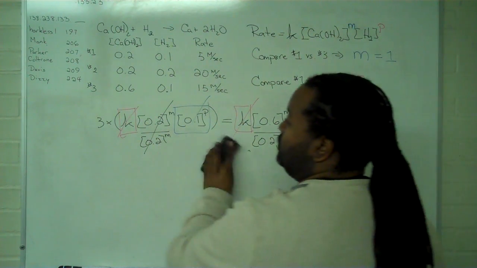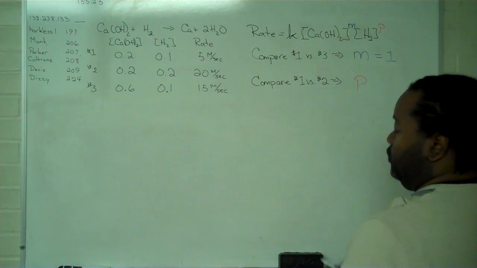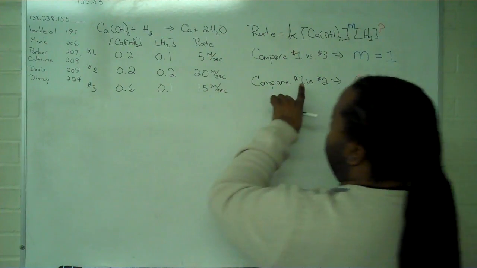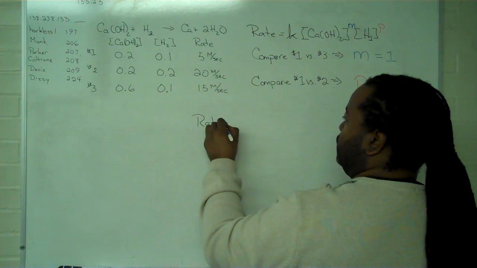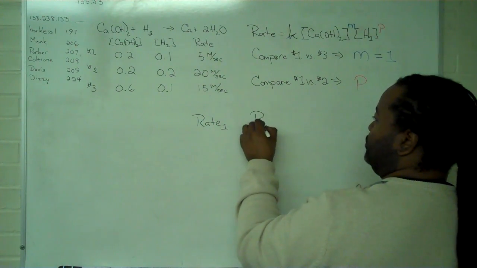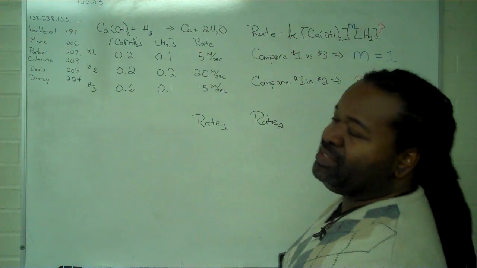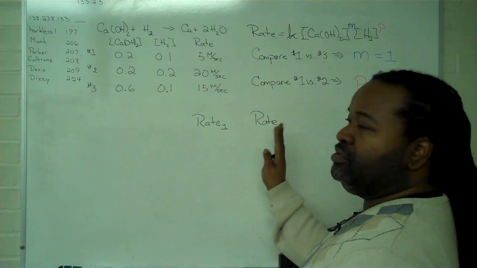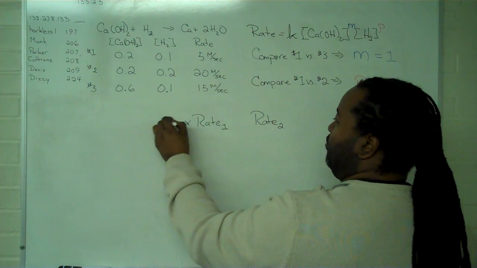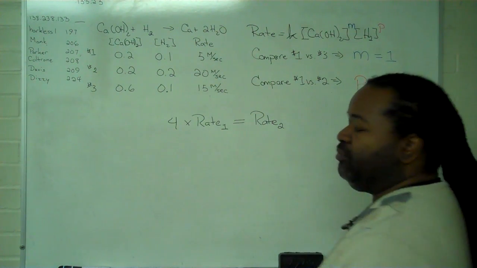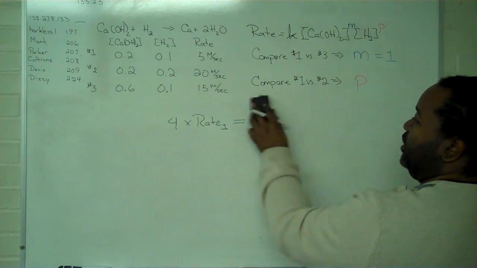We'll go through the same steps to determine the order for hydrogen. I'm comparing 1 versus 2. So I start by determining the relationship between rate 1 and rate 2. And looking at these values, 5 here and 20 here, I can see that I need to multiply this by 4 to have both things equal. So I can substitute in for rate 2.